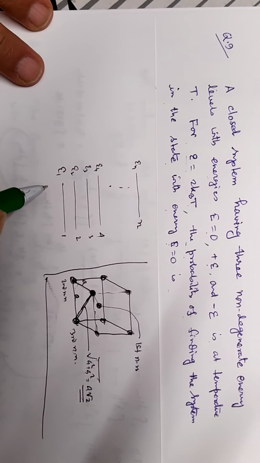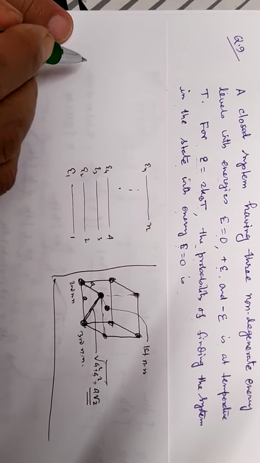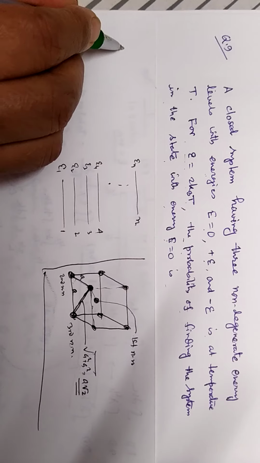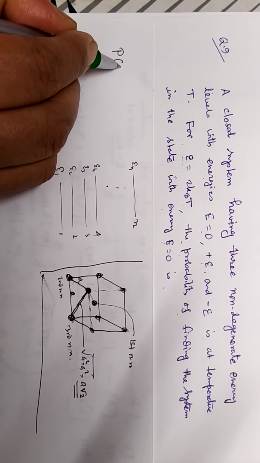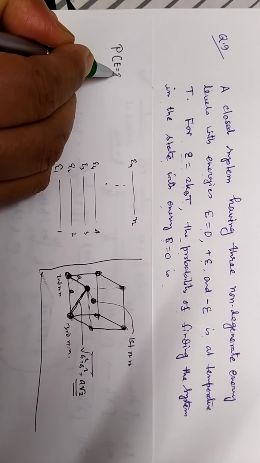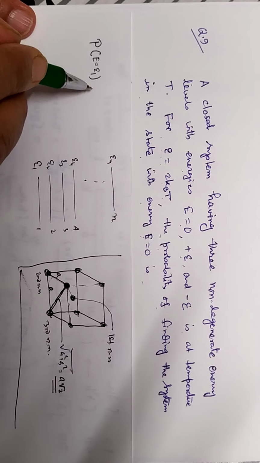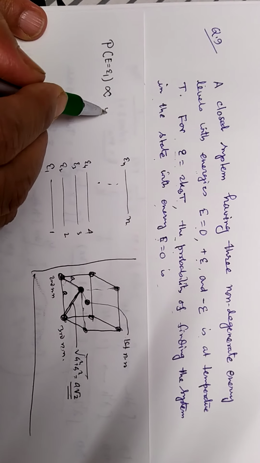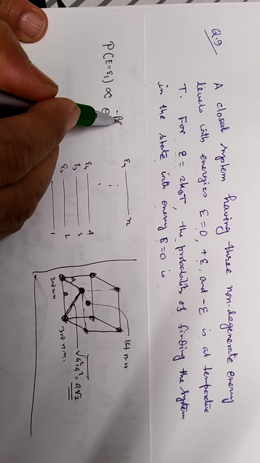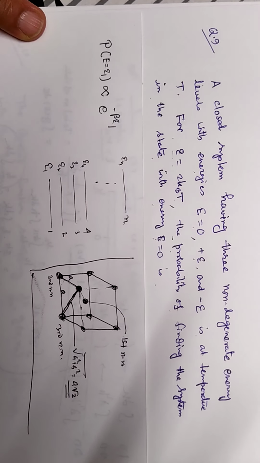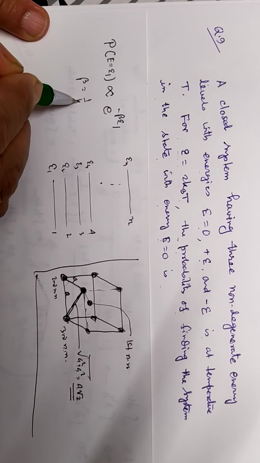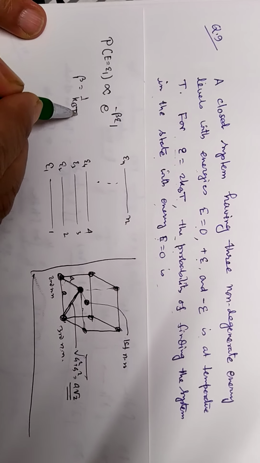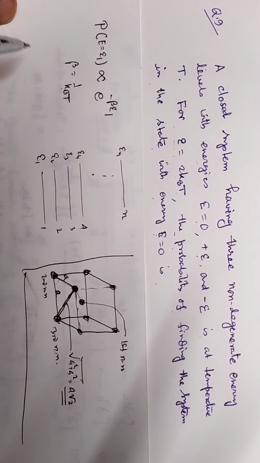It's a closed system. Then if I ask what is the probability that the system could be found at energy E equals epsilon 1, that obviously should be proportional to e to the power minus beta E1. You know this beta is a very standard parameter which is nothing but 1 by kBT, where T is the temperature and kB is the Boltzmann constant.